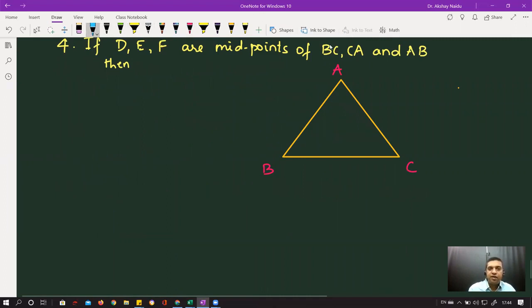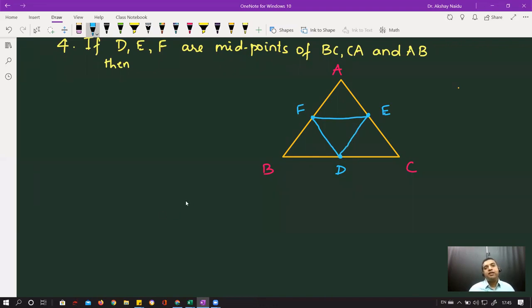And on BC, the midpoint of BC is D. Midpoint of CA is E. And midpoint of AB is F. Okay. Now join these midpoints.